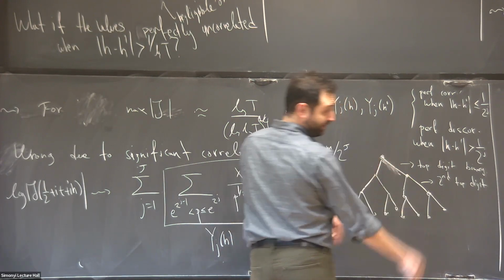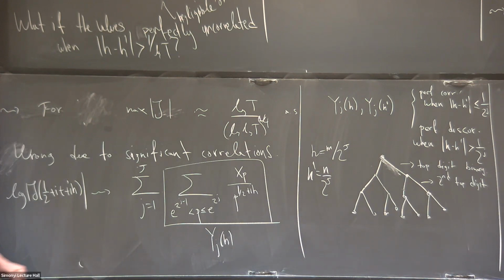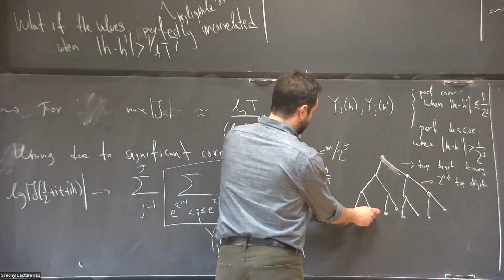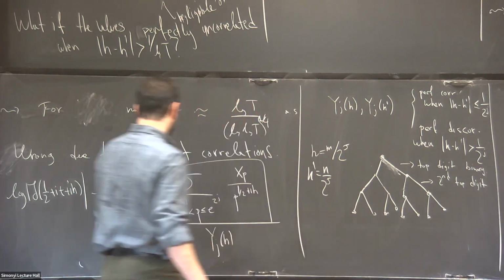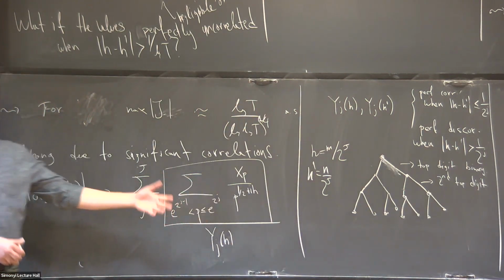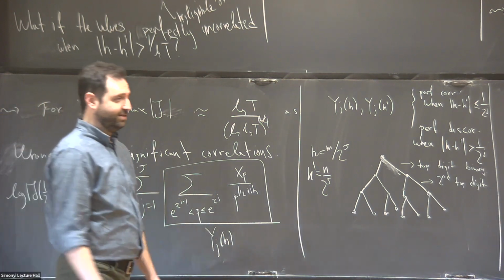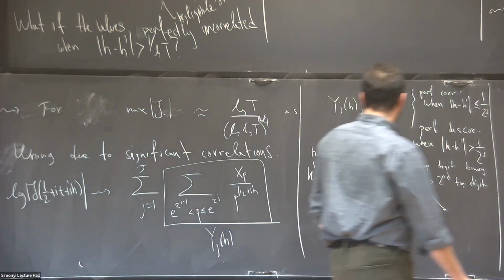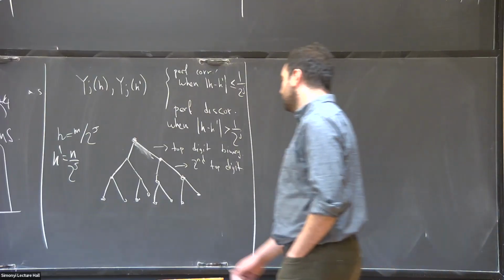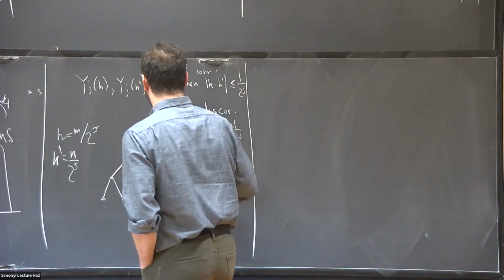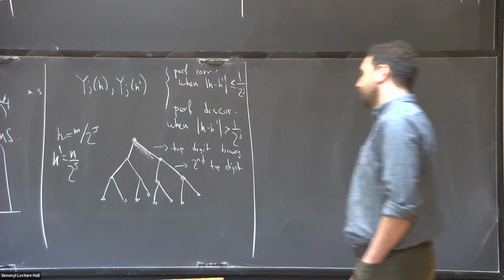Well, these ones split right away, so they're perfectly decorrelated. But if you look at this and this point, they share a lot of digits, so the distance between them is close, which means that a lot of their summands are basically the same, and they become perfectly correlated. And yeah, so this is the right structure. And this is the right model, which is a branching random walk.